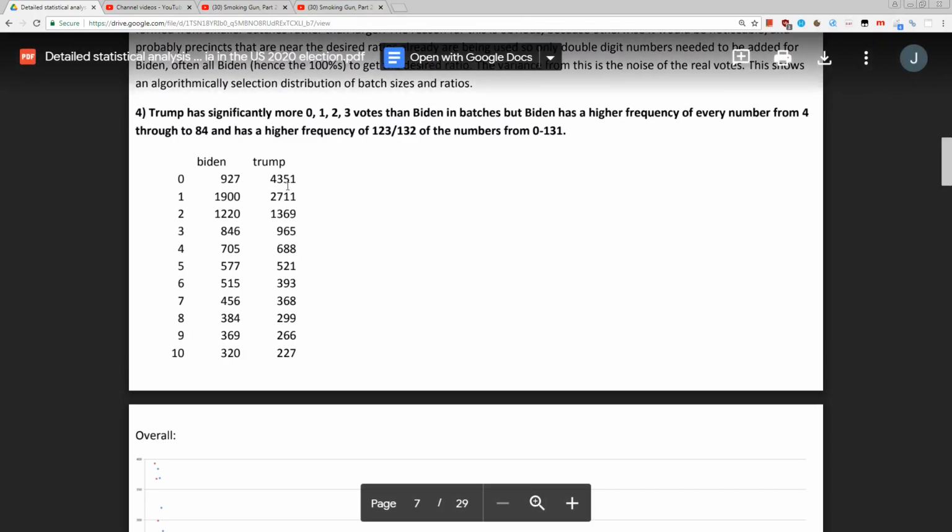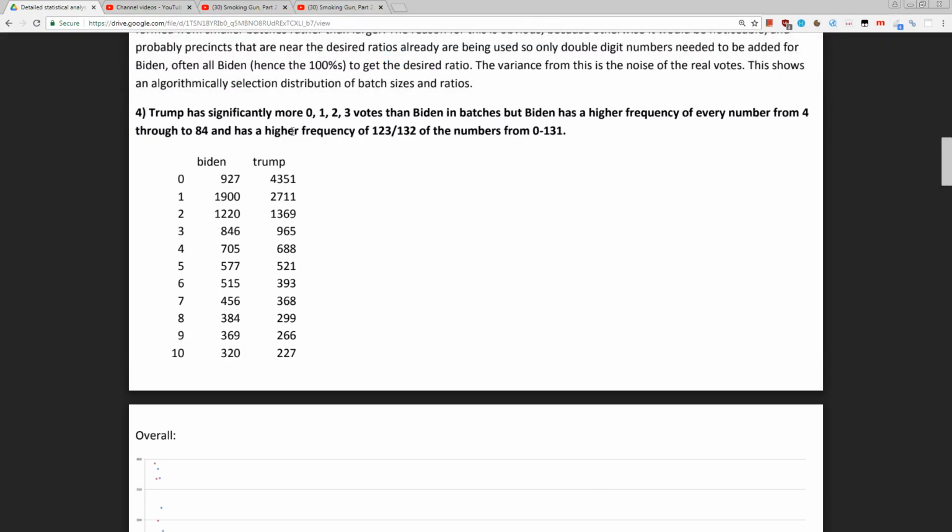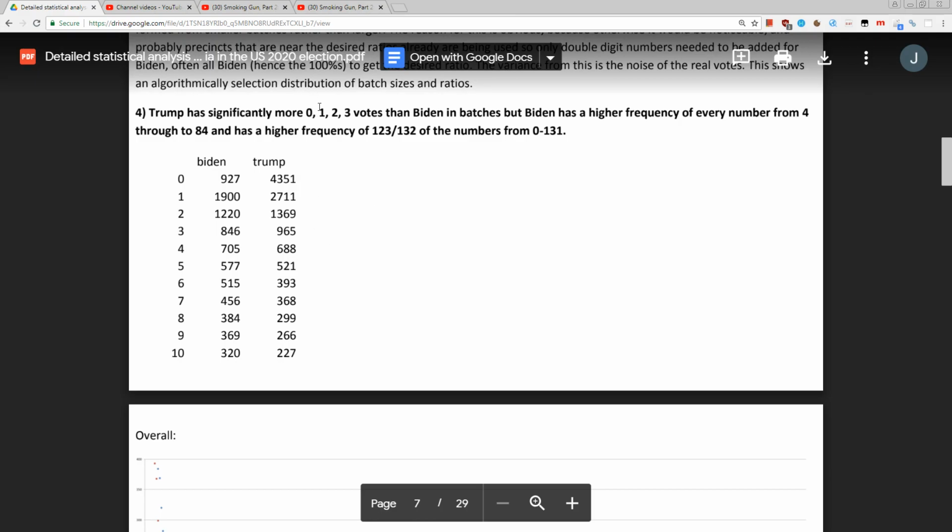If you actually look at the individual vote additions for each candidate, so not batch size, but when they gain the total number of votes at a particular entry update, Trump gained 0, 1, 2, and 3 votes much more frequently than Biden. However, Biden gained 4 through 84 much more frequently than Trump.